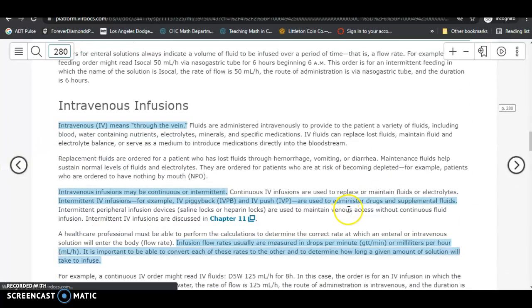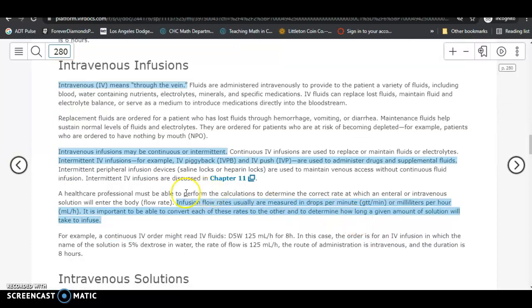When we talk about intravenous infusions, there are different ways. There's your regular IV infusion, which could be an IV piggyback, IVPB, or IV push, IVP. Just like enteral feedings or tube feedings, intravenous infusions may be given continuously or intermittently.